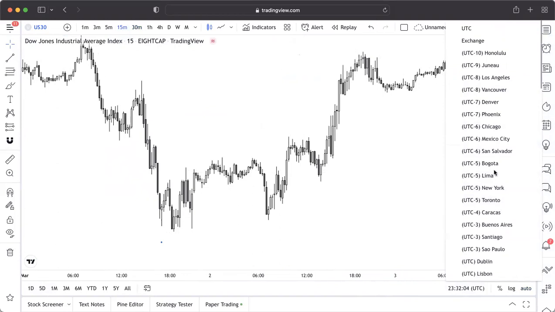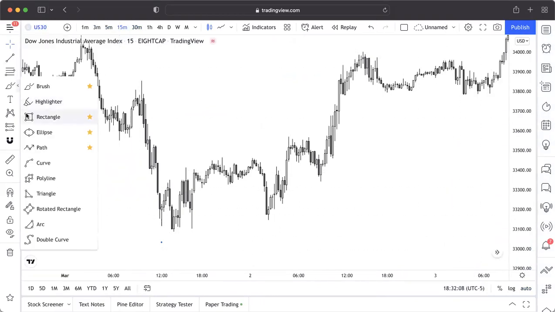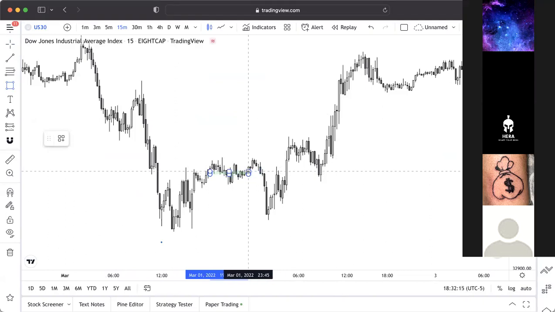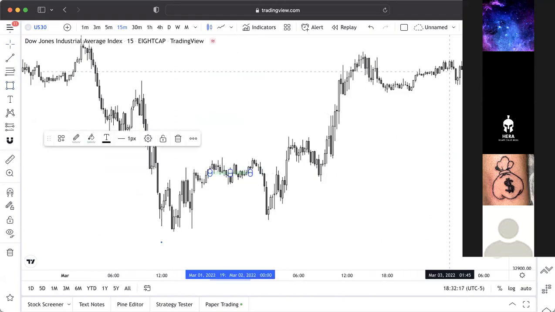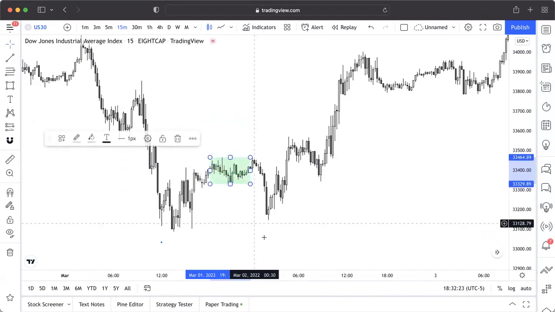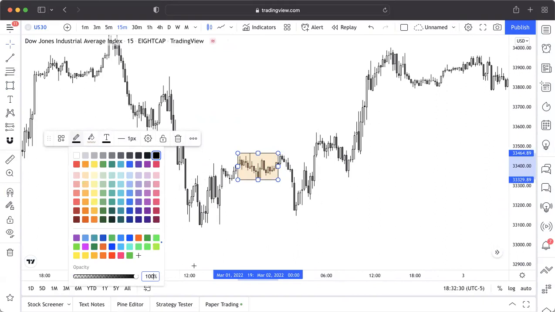So, guys, obviously New York time, that's what you want to look at. And then you mark up 7 o'clock to midnight, and you should be able to have a nice markup on this.